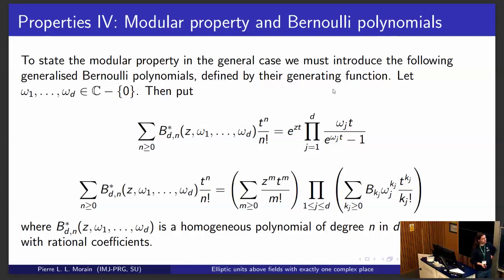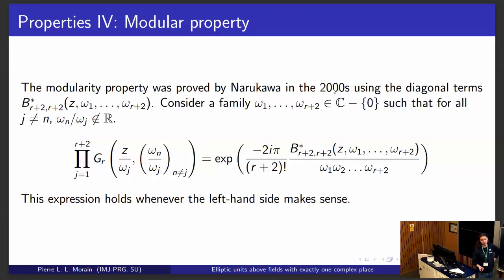What's important is that these polynomials are really polynomials in d+1 variables and of degree n. And what we're really going to look at is the diagonal polynomials. Now I'm going to shift a bit and I'm going to say that d is equal to r plus 2, because I want to have the R cocycle for SL r plus 2.